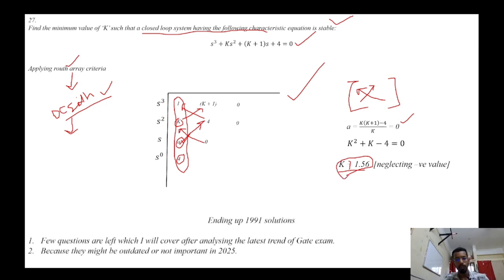So ending the 1991 solution, a few questions are left which I will cover after analyzing the latest trend of the GATE exam, whether they are important or not, because some mistakes are also there in the questions. But I promise you that not a single question from the 1990s will be skipped.